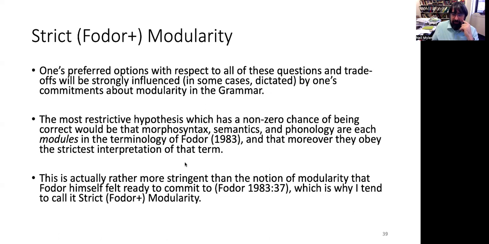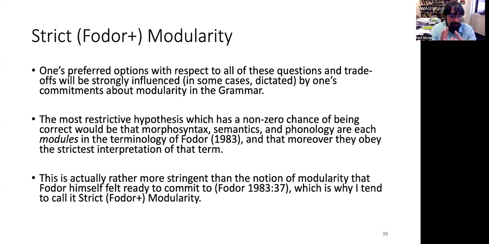Now, I've mentioned modularity a bunch of times already, and the reason for that is that one's preferred options with respect to all of these questions and trade-offs will be strongly influenced, and in some cases dictated, by your commitments about modularity in the grammar.